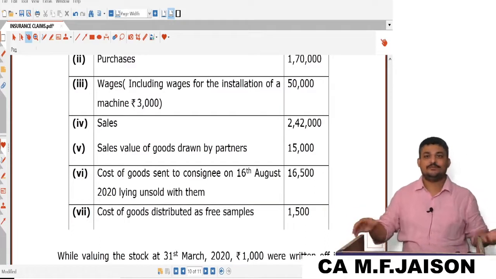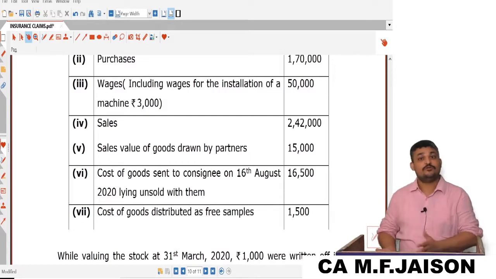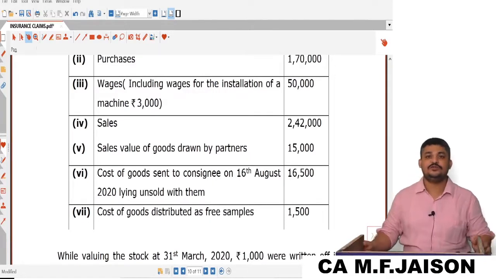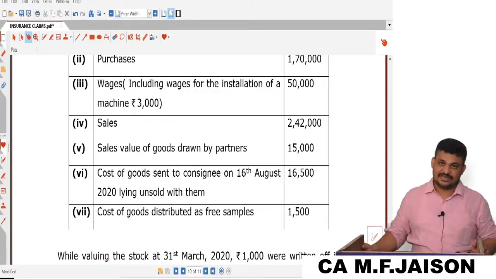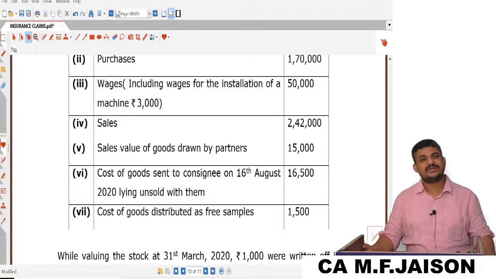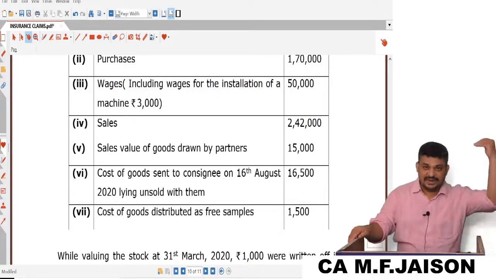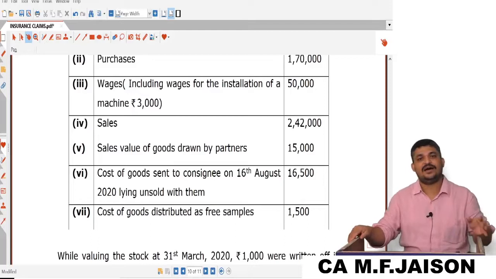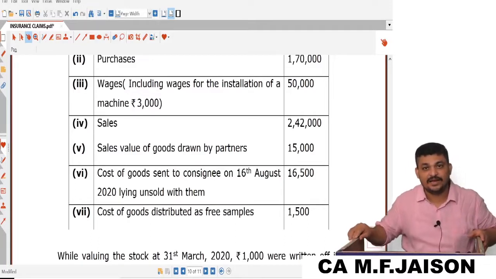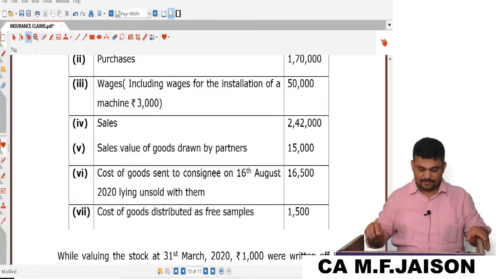Already the goods have gone out. What should I do? I should reduce this from purchases, or show it in the trading account credit side. It is not sales, so I should either deduct it from purchases or show it in the trading account credit side.